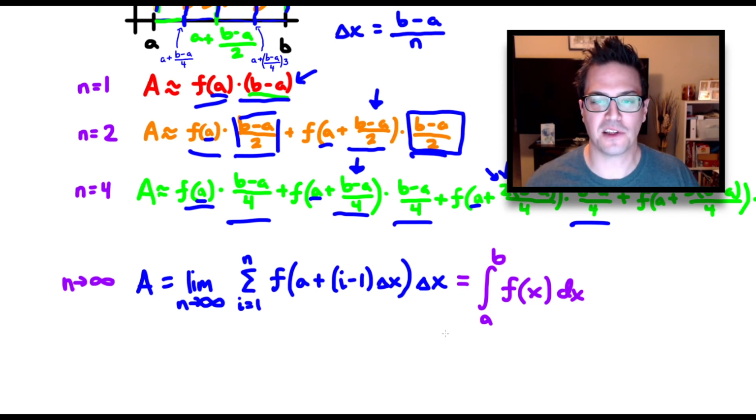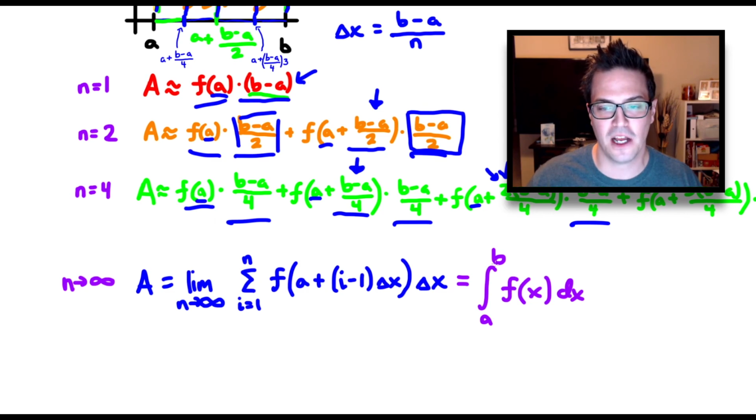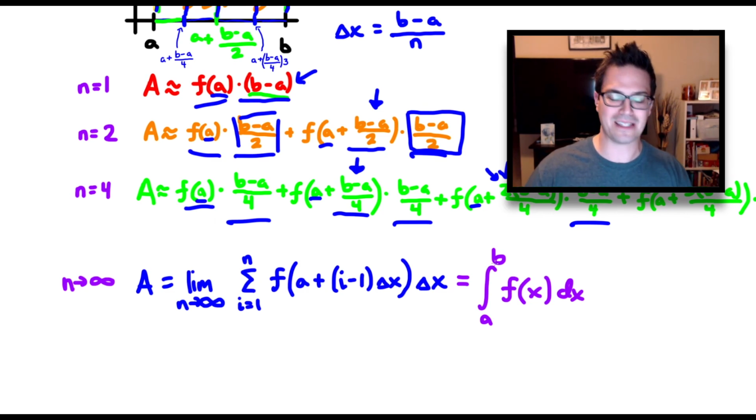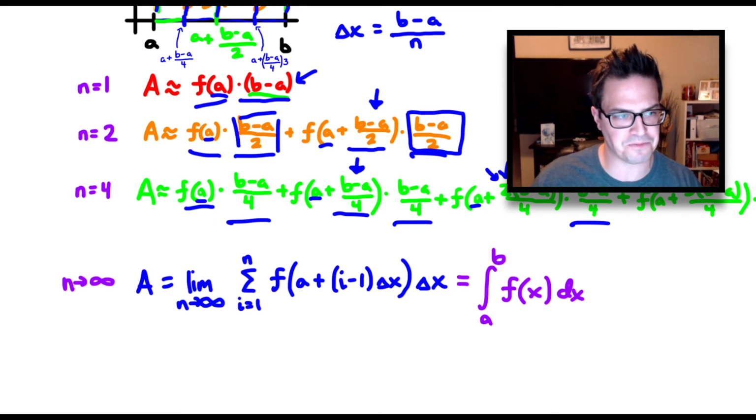The one thing that's a little different here is this b right here seems to come out of nowhere. Everything over here is in terms of a and delta x. We have a, and you can see how this delta x becomes a dx with the integral notation. We have the function f and the function f over here, but this b comes out of nowhere. So to simplify that, I'm going to rewrite this instead of using this b.